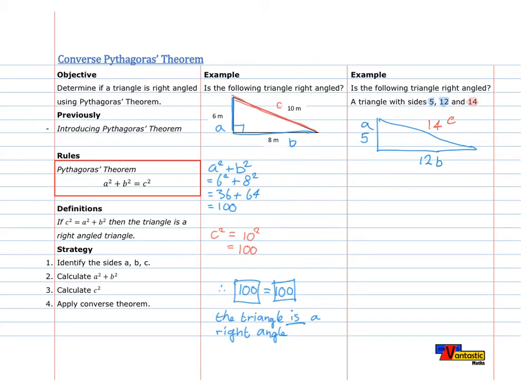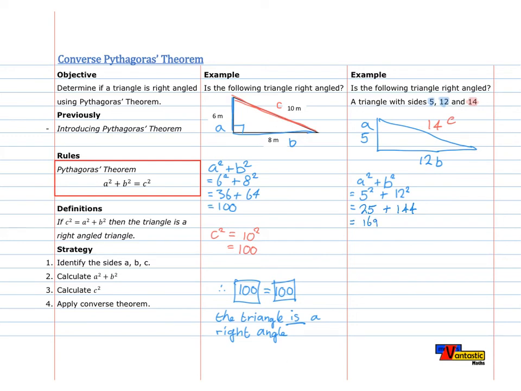So we can do our calculations. a squared plus b squared is equal to 5 squared plus 12 squared, straight from my diagram. 5 squared is 25, plus 12 squared is 144, and 25 plus 144 is 169.